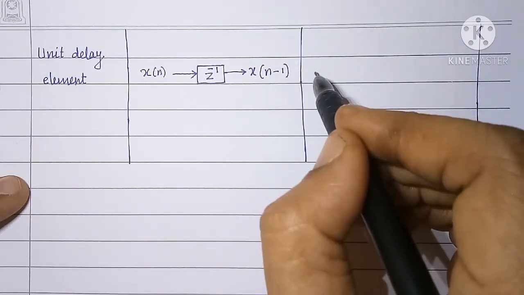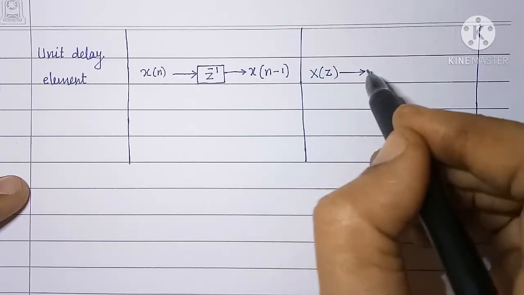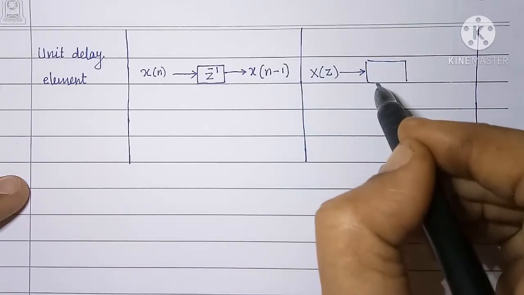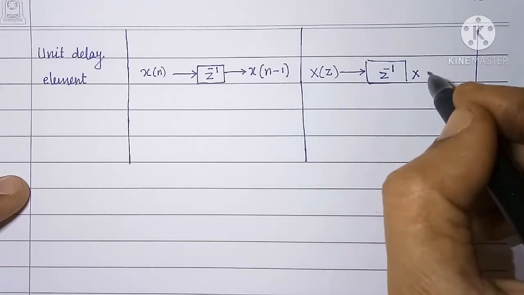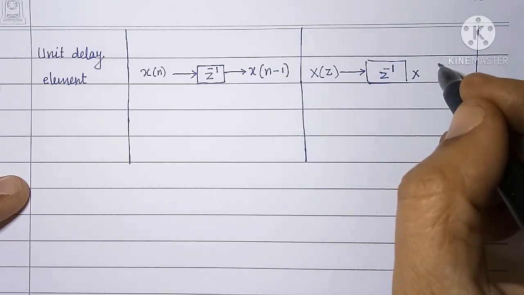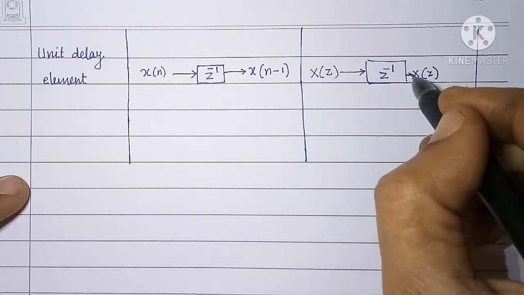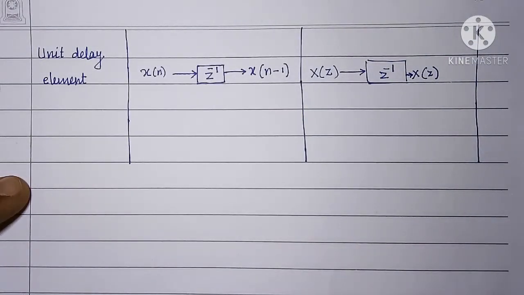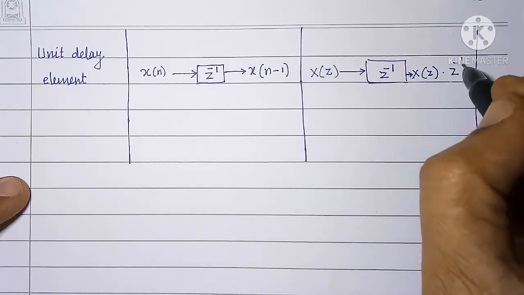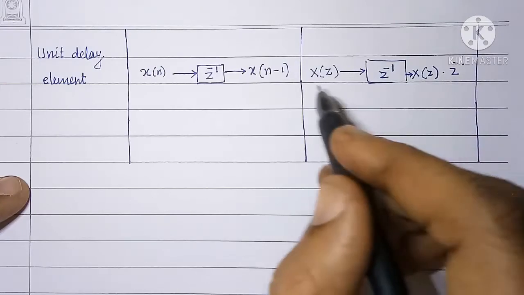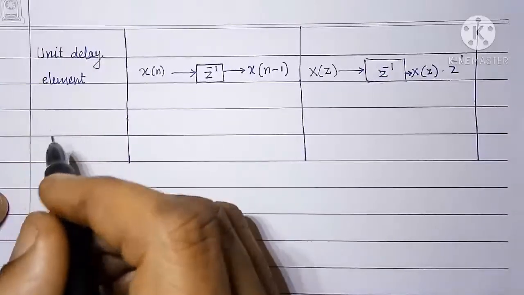Similarly, in case of Z domain, we get output x of z into z raised to minus 1 when x of z is given as input to delay element box.